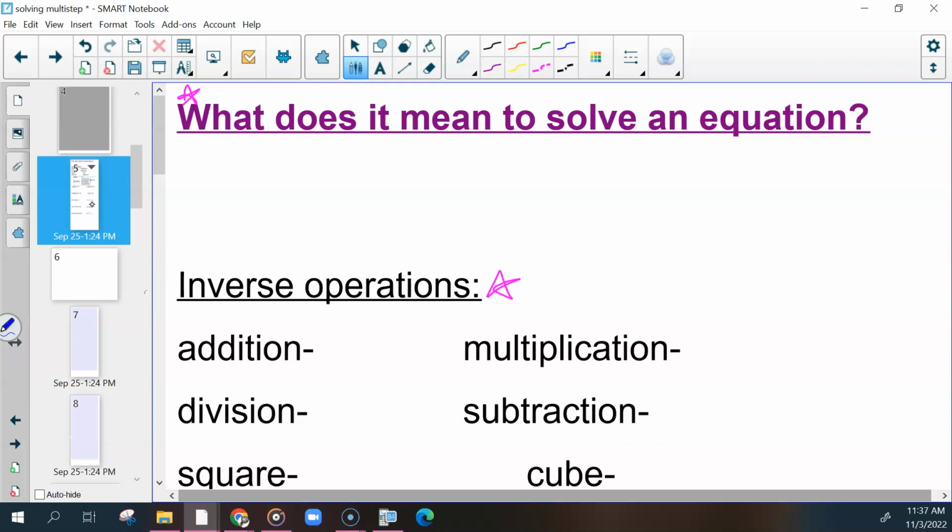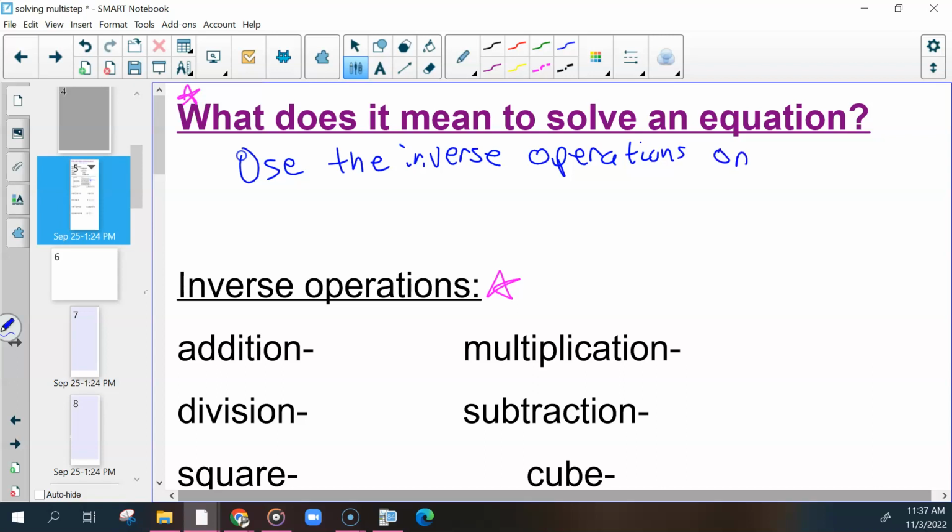The steps you're talking about are inverse operations. So we can say, use our inverse operations to get a solution. So use the inverse operations on an equation to get a solution.